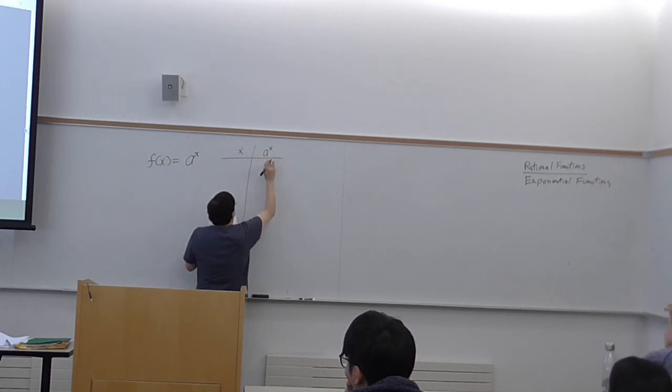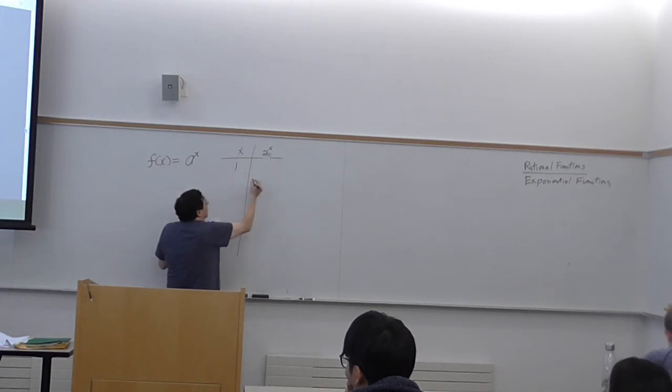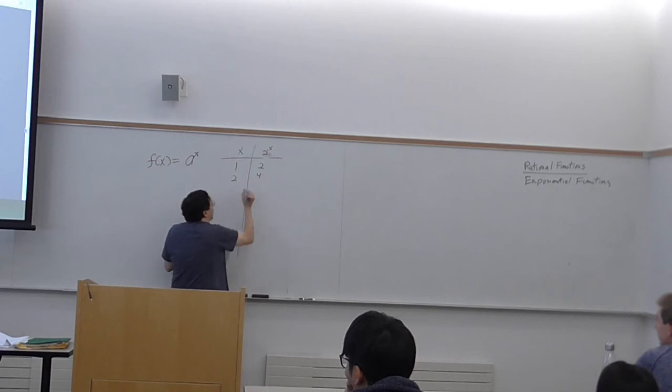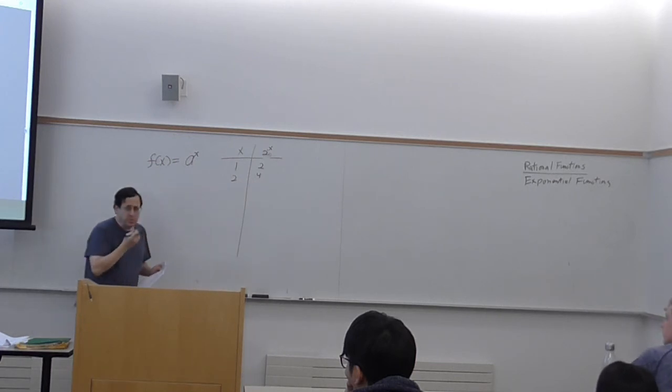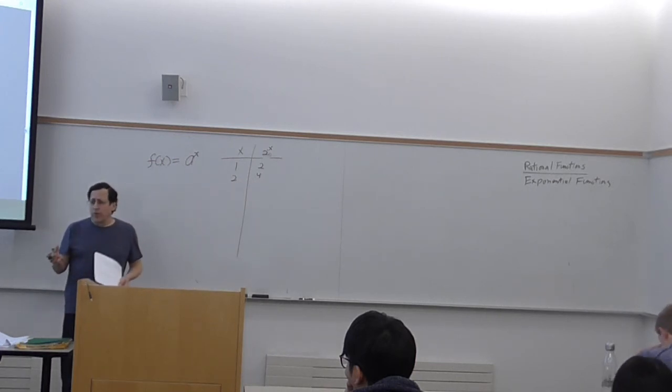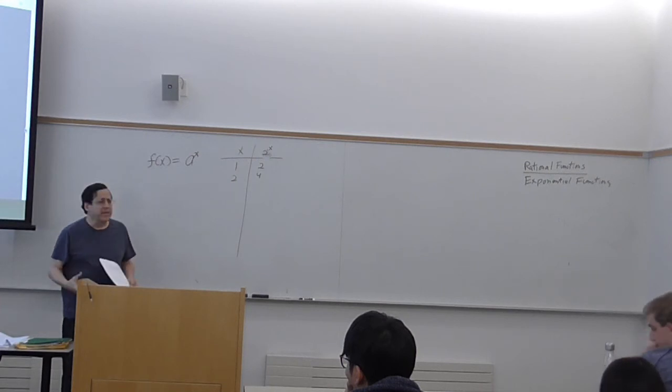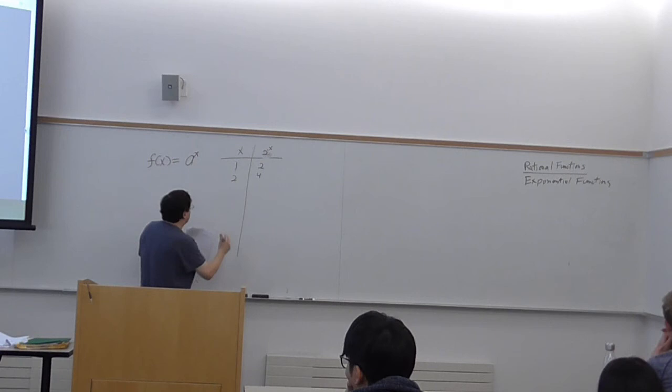I guess we want to say 2 to the x. If x is 1, well, we know how to do that. That's 2, 4, and so forth. We've learned, using our laws of exponents and radicals, how to deal with fractions too.